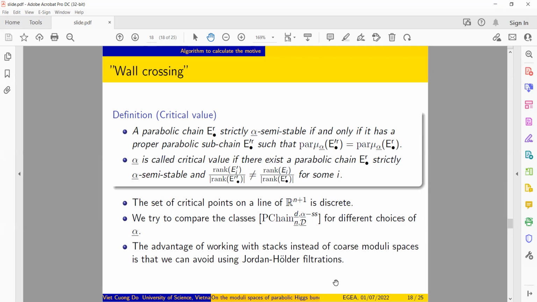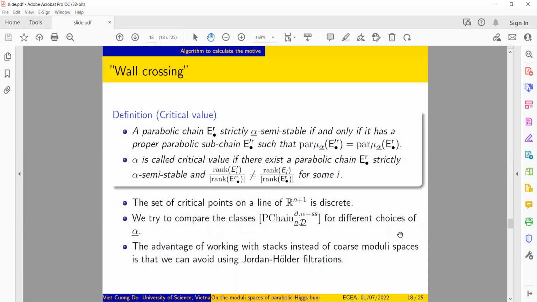We can think about alpha, and in the world of coarse moduli spaces, when we vary the stability, we have the process of wall crossing. But here we do something in the world of moduli stacks.